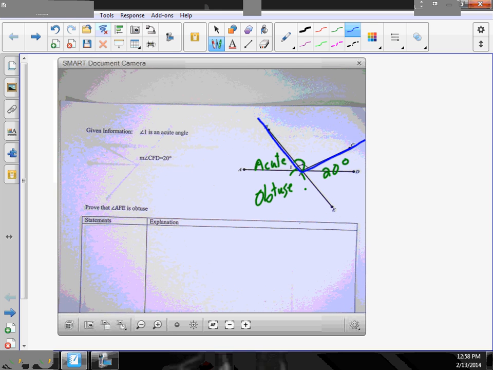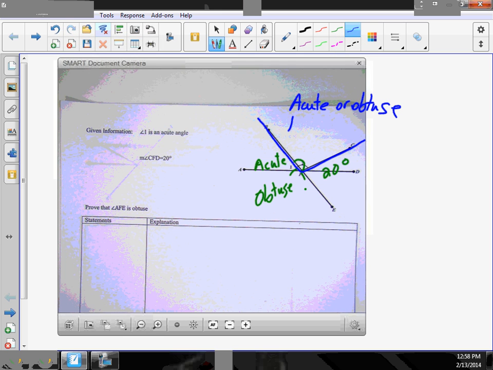So for the last proof, you're not proving that anything's true. You need to show that this is either acute or obtuse. Or actually, you could prove right or obtuse. So you're going to show that a particular proof can't be done.